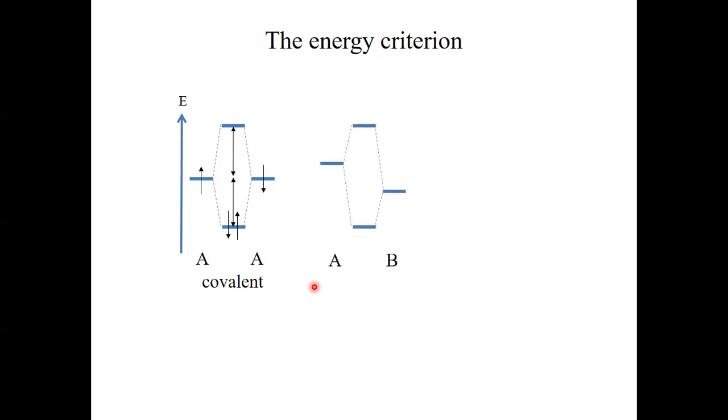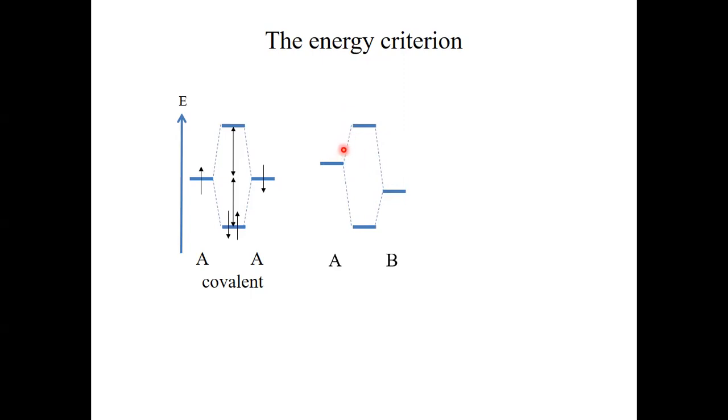So now let's look at the case in which the orbitals of two different atoms A and B are somewhat different, as shown here. So now, also in this case, you can form a bonding molecular orbital and an antibonding molecular orbital. But now you see that the bonding molecular orbital is energetically more closely at the atomic orbital of the lower energy, and the antibonding orbital is energetically more close to the atomic orbital of the higher energy.